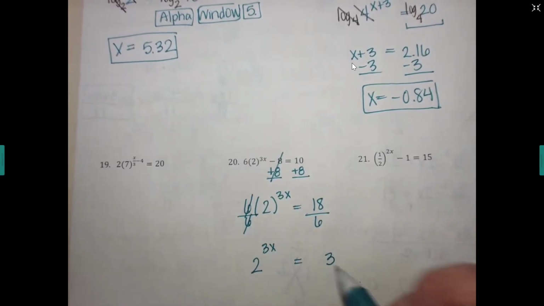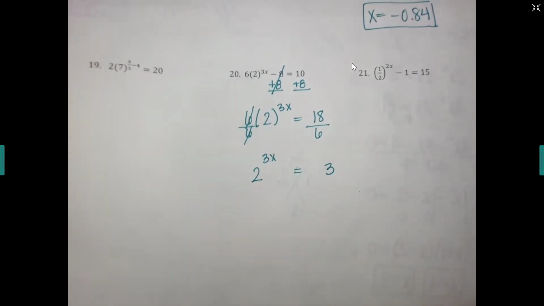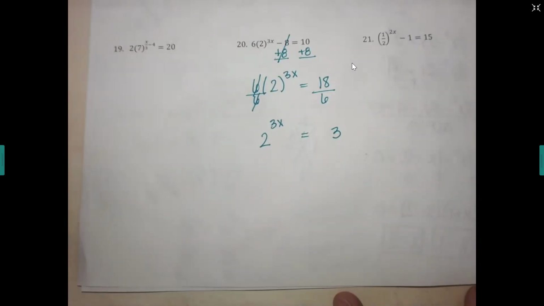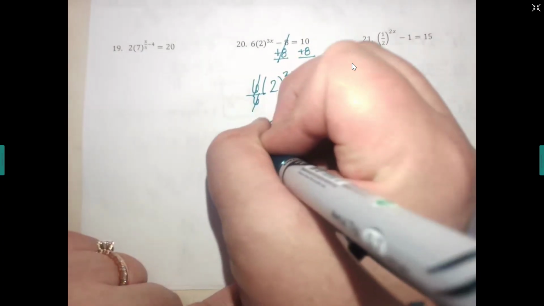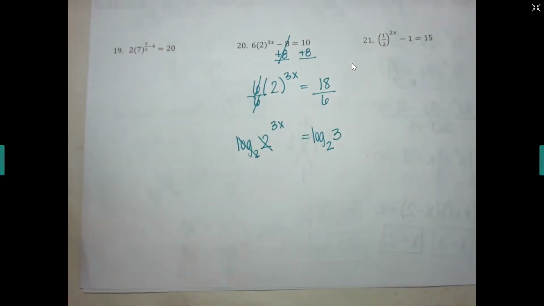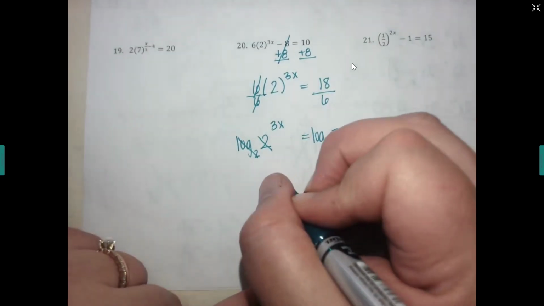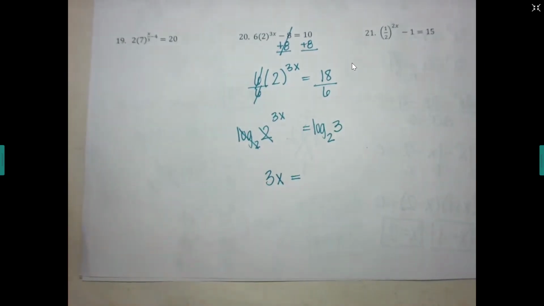3. And now that I'm down to getting rid of the big 2, how do I get rid of a big 2? I log little 2. And then that's where you'll use your calculator. So I have 3x equals. I'll figure out what this decimal is by typing it in.